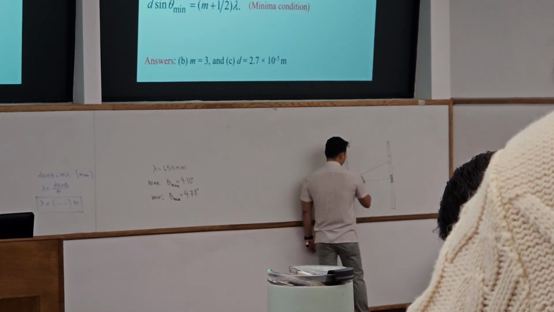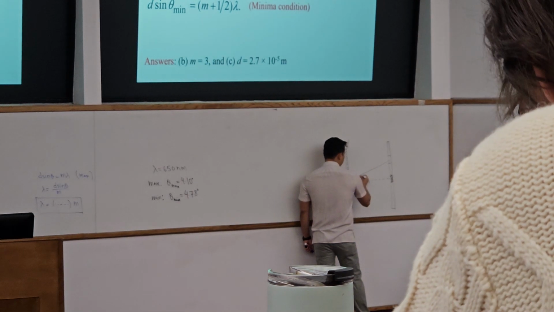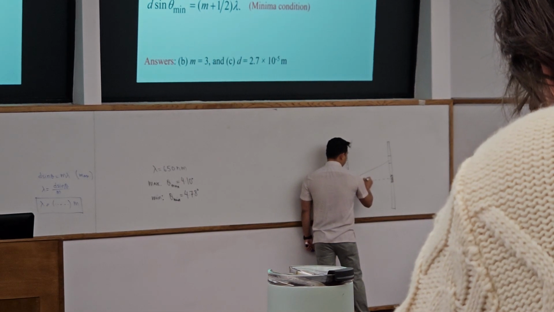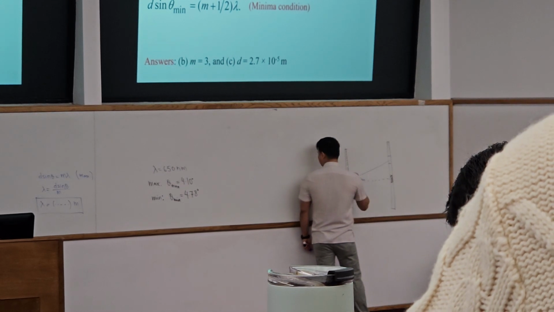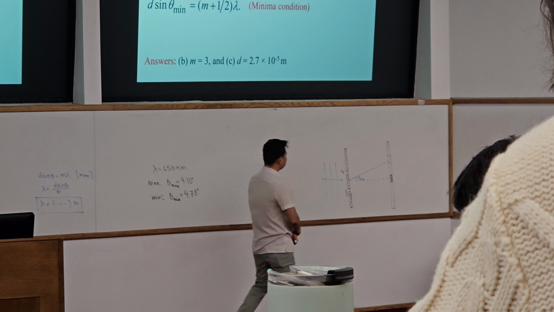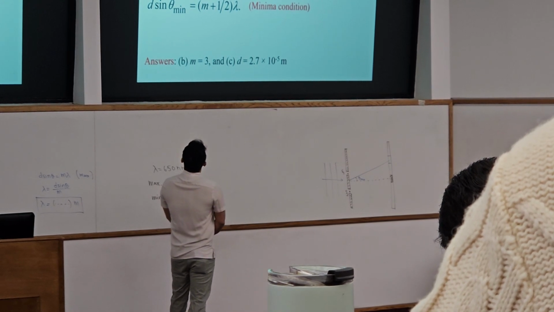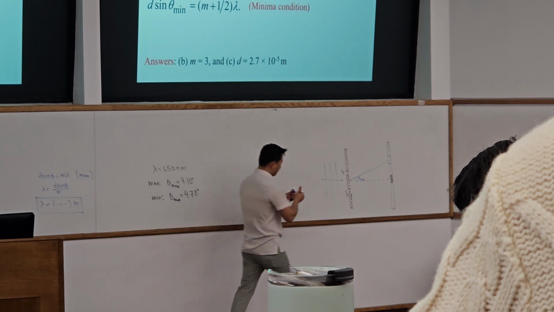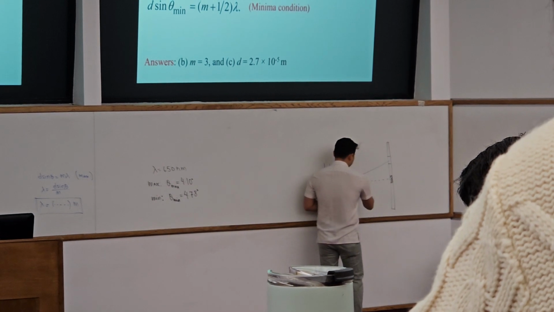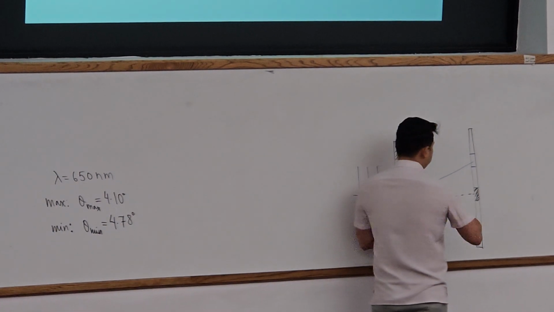This is a minima, you see, over here. So this is the theta minima, okay, over here, which is equal to 4.78 degrees. Now, this is a maximum. It's a maximum, okay?